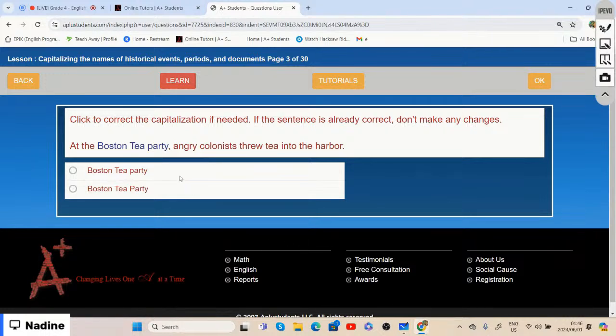All right, so the Boston Tea Party. So at the Boston Tea Party, angry colonists threw tea into the harbor. Right?